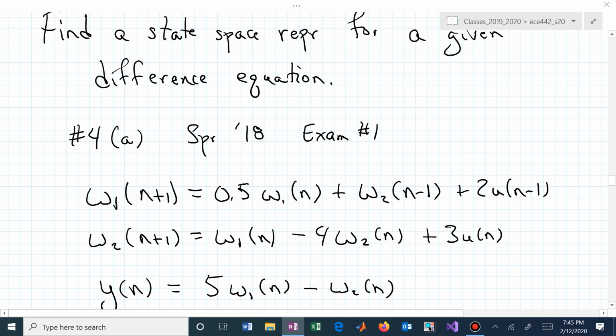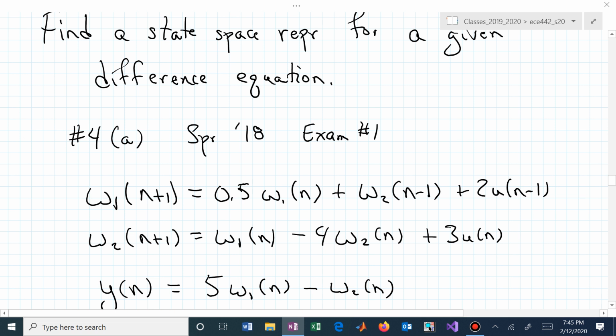It's in fact subsequent delays beyond that. So this is not immediately writable in a state space form. And these are kind of coupled. We have W1s and W2s and U's sprinkled on both sides. And the output, Y, is just what I've defined it to be.